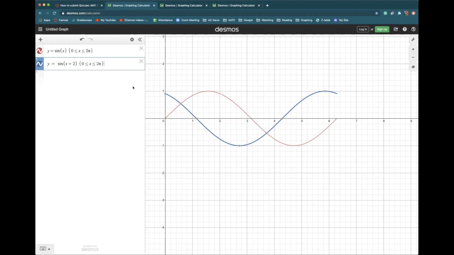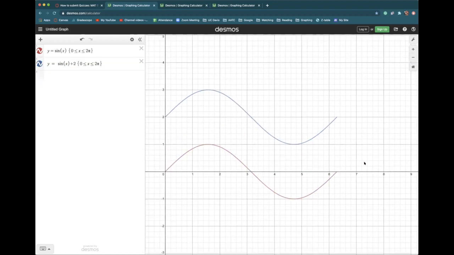No, to the right, I don't know. Anyway, it's not what I wanted. I need that plus 2 to be not inside. I need it to be outside. And then we can see, oh yeah, it totally shifts it up 2.